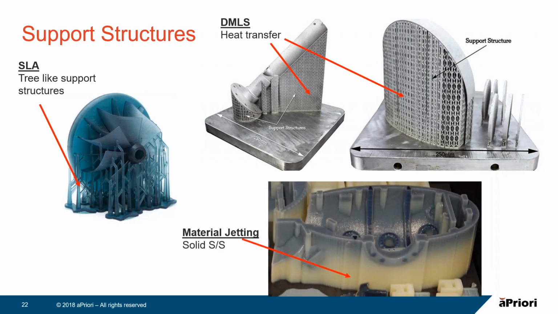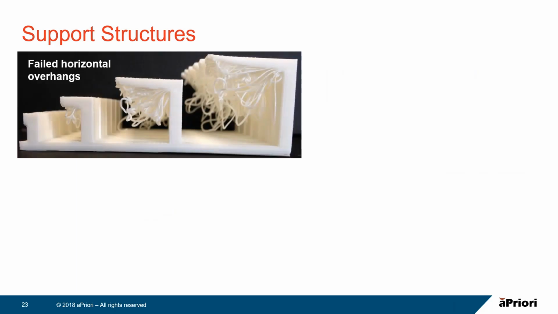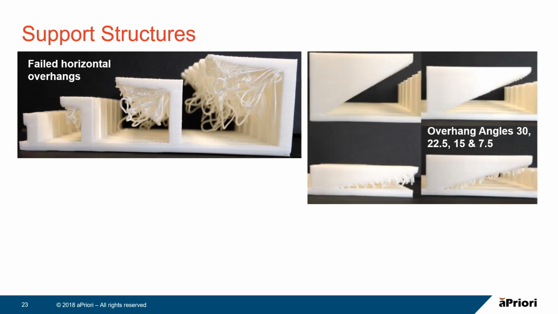And then with material jetting, the support structure is a separate material from the part, and it's 100% dense, so it's not a lattice, and it's required on all overhang angles from zero from horizontal. So this next slide might help explain that. Going from left to right, any overhangs, as they get bigger, will typically have more issues on the underside of the overhang, as this image demonstrates. And then with overhang angles, typically 45 degrees, anything over that from horizontal is fine.